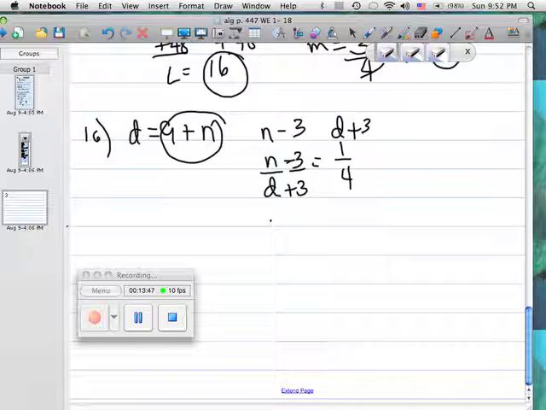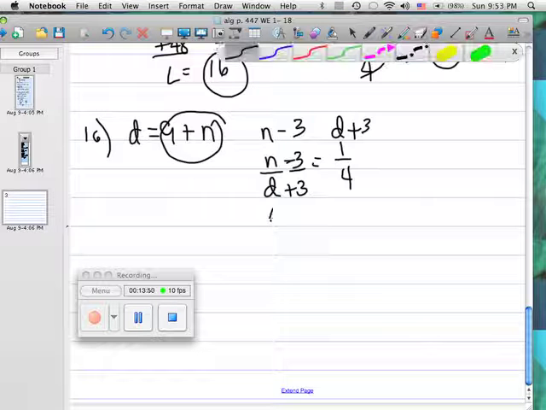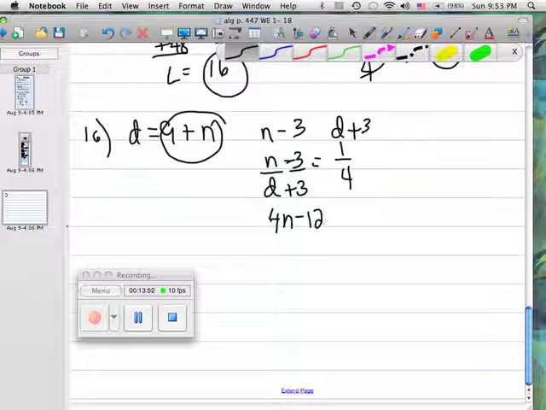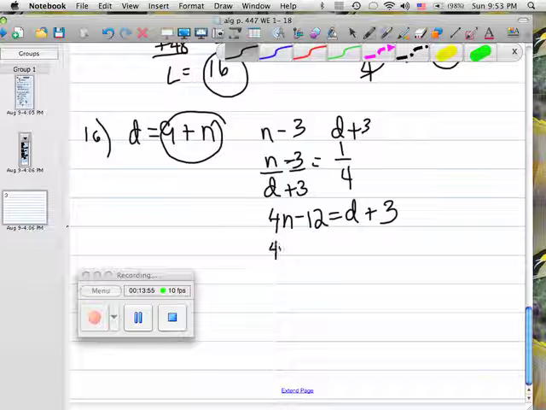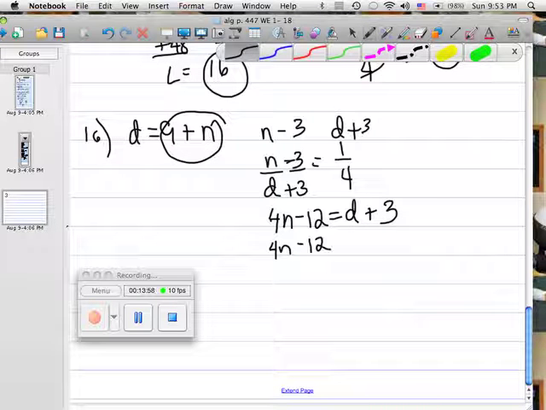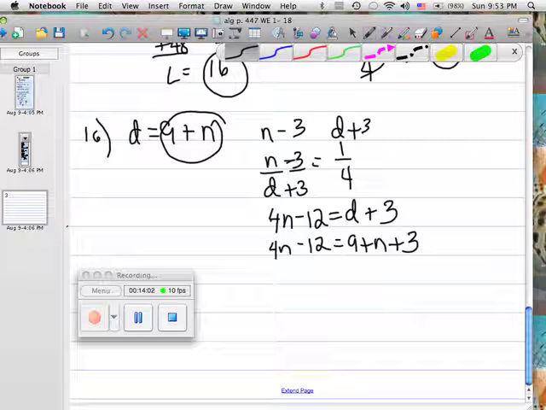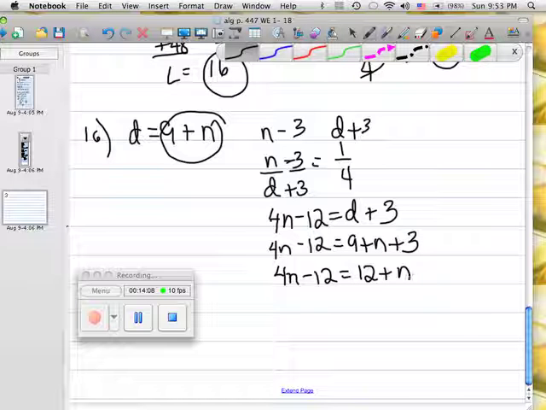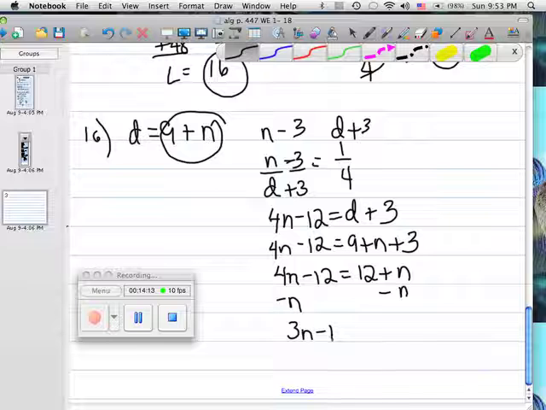So now the cross products are 4n minus 12 equals d plus 3. Substituting in 9 plus n for d, I get 4n minus 12 equals 12 plus n. Subtract n from both sides. 3n minus 12 equals 12.